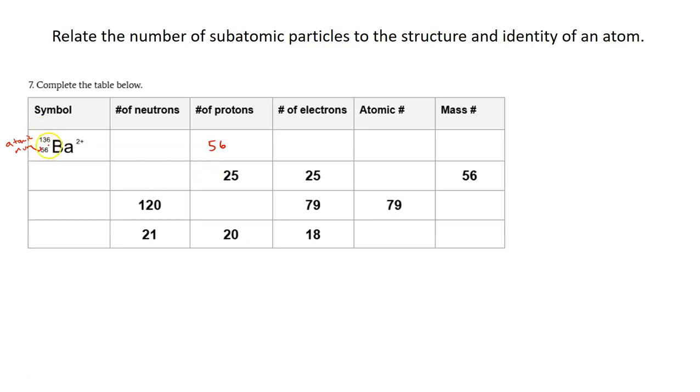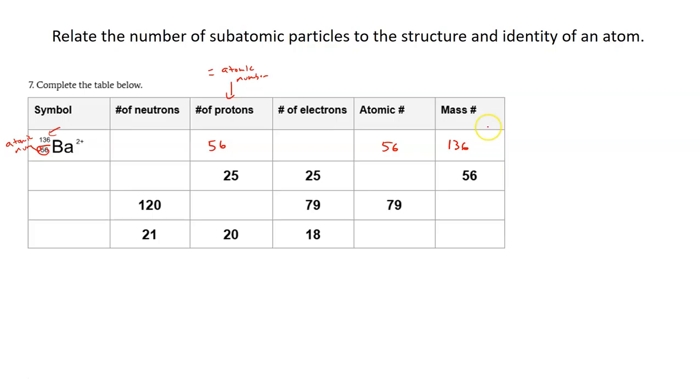Okay, so for the atomic number, 56 protons. So that is also going to be 56. Now, the top number, at 136, that is our mass number.